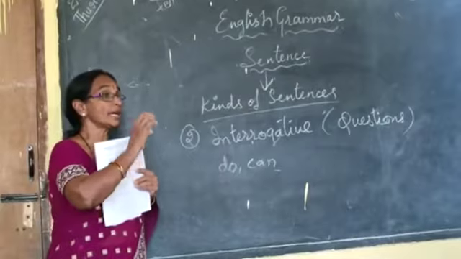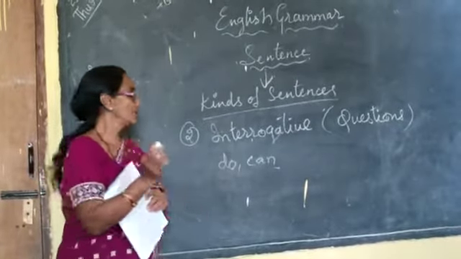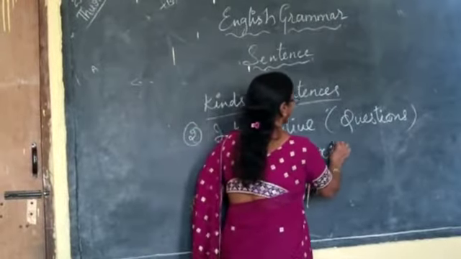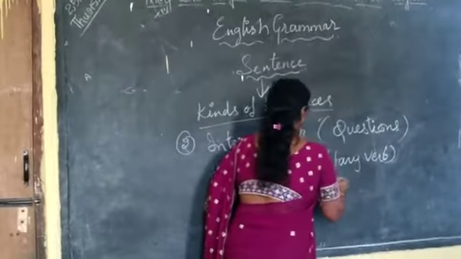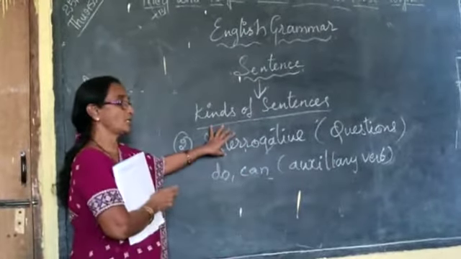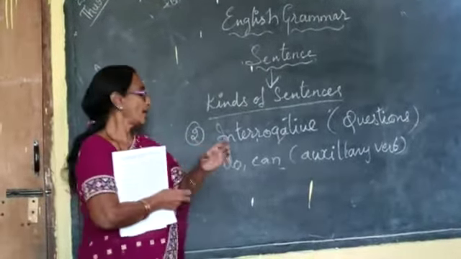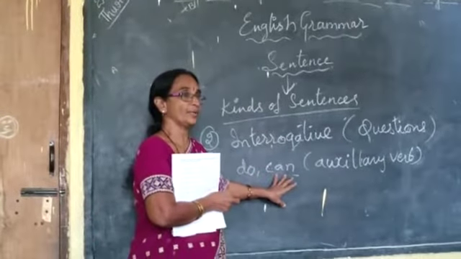But it is not a direct question. So, interrogative comes under direct questions like what, how, where, and auxiliary verbs like do, can, for example.